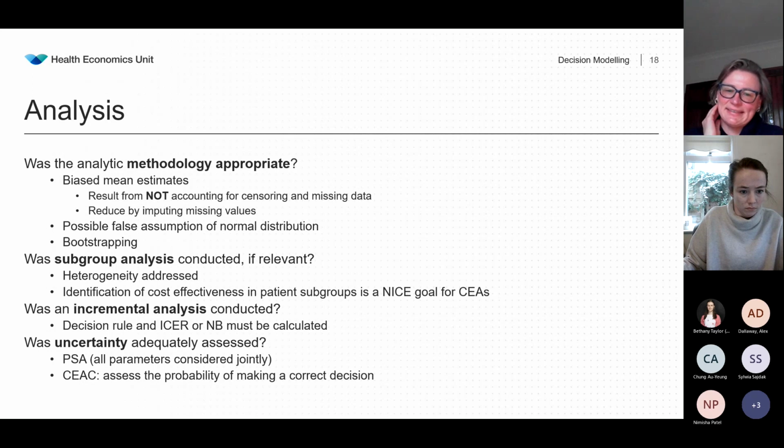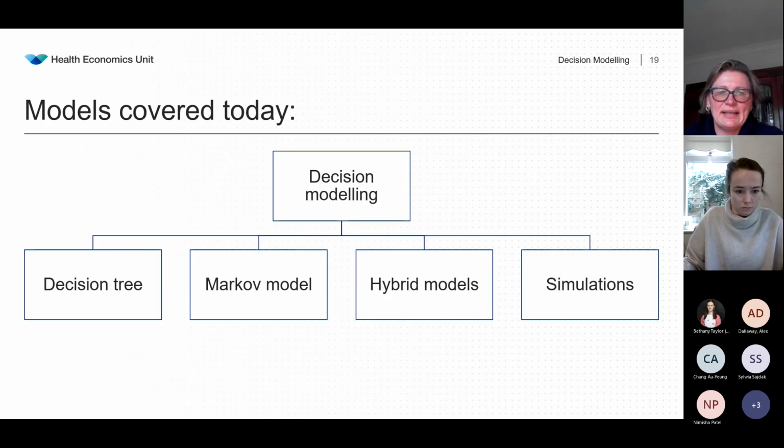So there are probabilistic decision models, and they can account for this uncertainty, so that when results are presented to the decision maker, this can translate into a clearer picture about the economic value. So topics that we will cover today are decision trees, Markov models, hybrid models, and simulations.